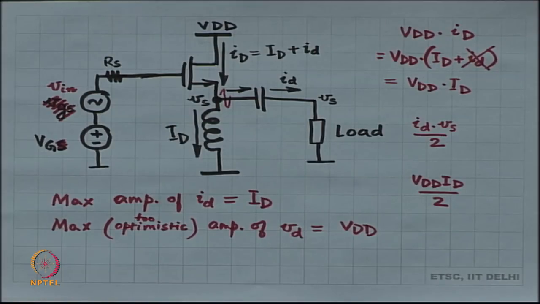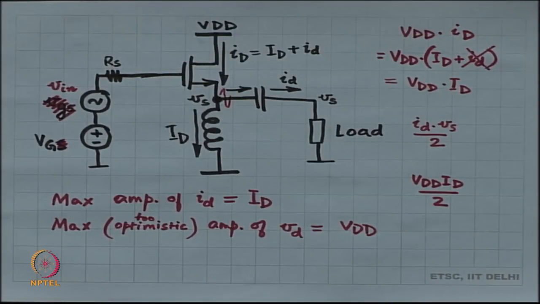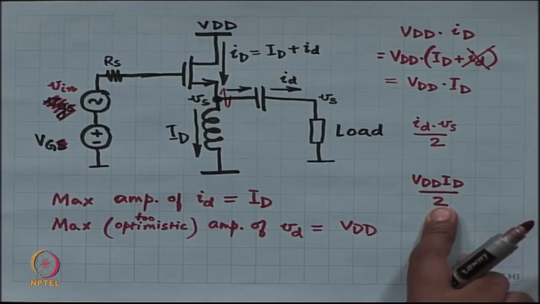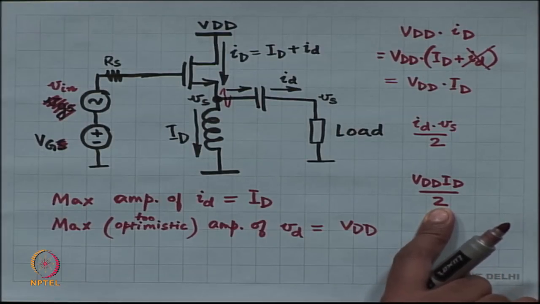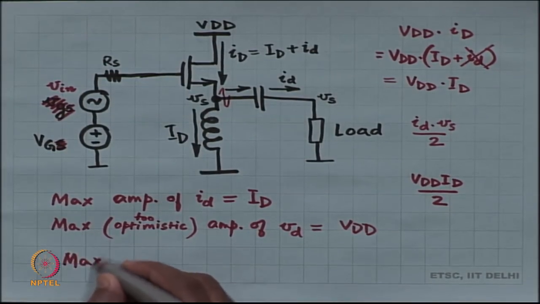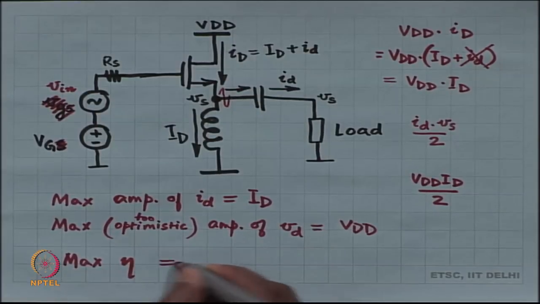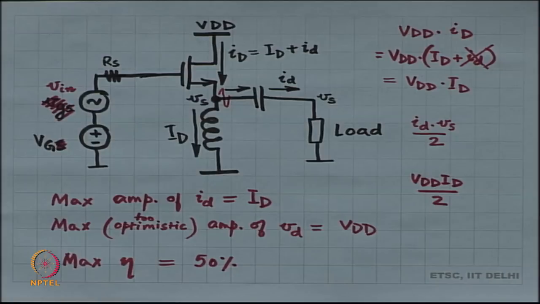Okay. So, the power drawn from the DC source is VDD times I_D, average power. The maximum power that you can deliver to the load is VDD times I_D by 2. Therefore, what is the efficiency? The maximum possible efficiency is once again just about 50%.